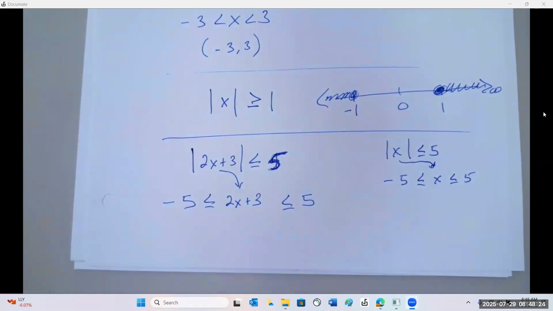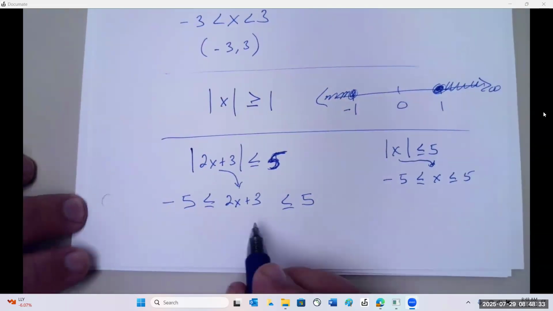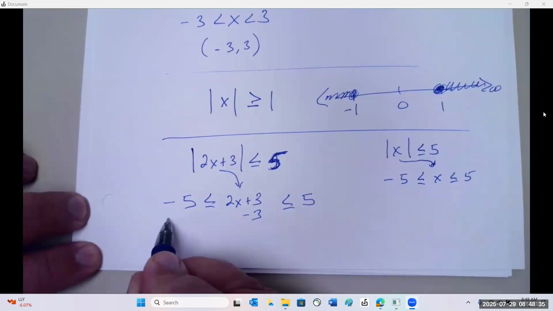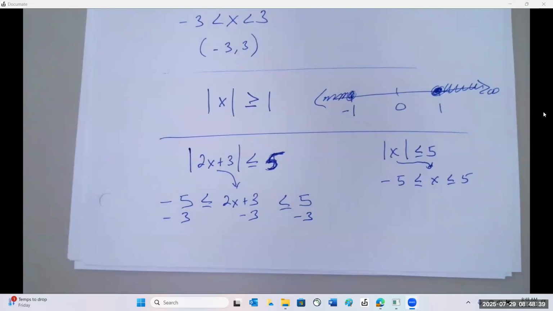What would I do next to solve it? Subtract 3 from everybody. Whatever you do, because you're solving for the middle. We did this before in chapter 1, in 1.6. We did inequalities in chapter 1. It's just now instead of equal signs, we have inequalities.